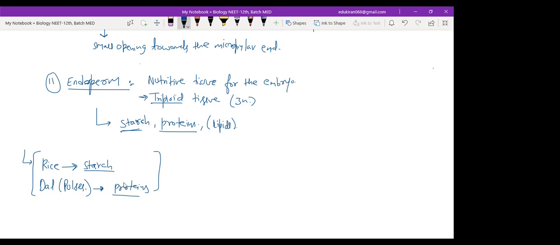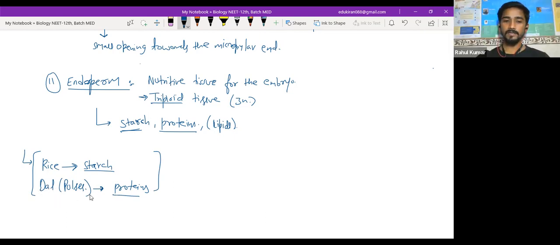Sir, can you explain once again? Yes. So some seeds like dal and beans are a good source of protein. In a seed, there is an endosperm, and that endosperm contains starch. Now in seeds like dal and beans, that starch component is used up.